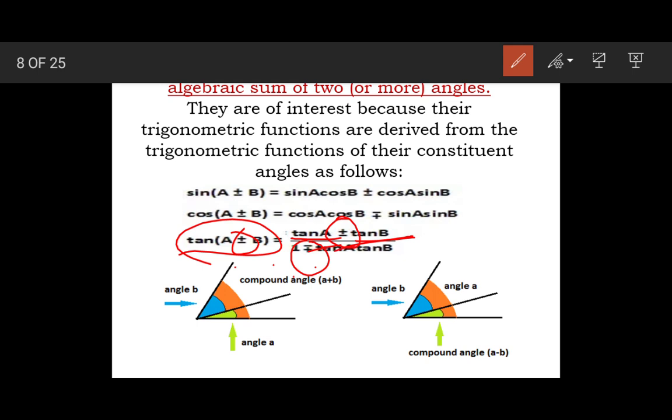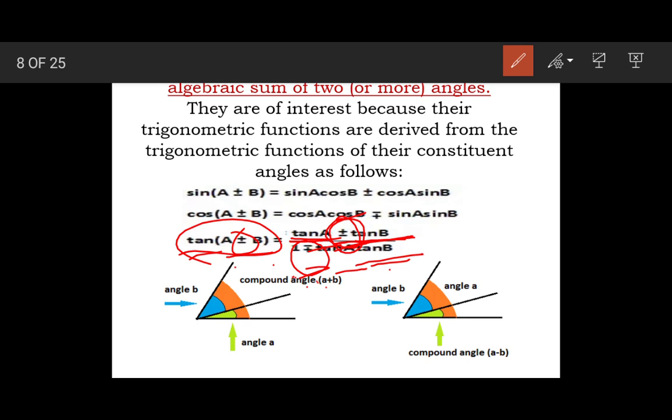So 1 minus tan A into tan B. If it is tan A minus B, then the formula will be tan A minus tan B upon 1 plus tan A into tan B.